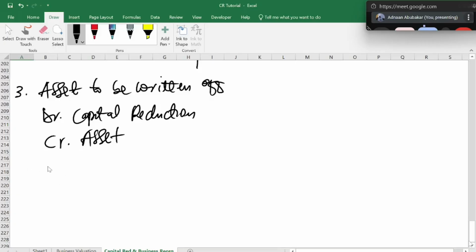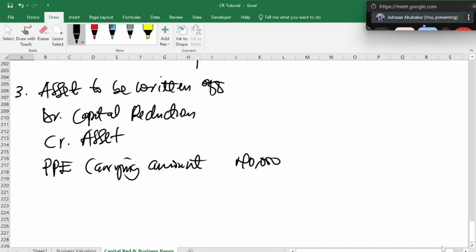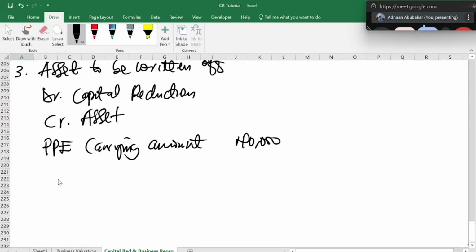If you have maybe PPE, carrying amount 40,000, right? Yes, sir. Now, the company did the valuation.